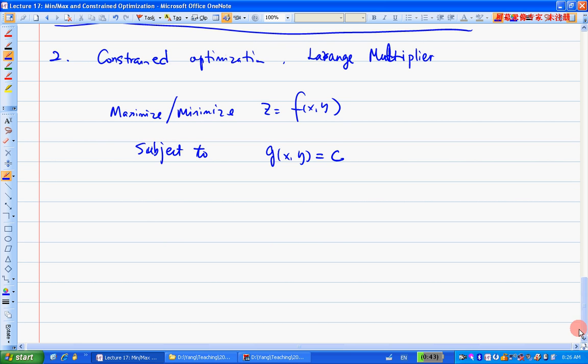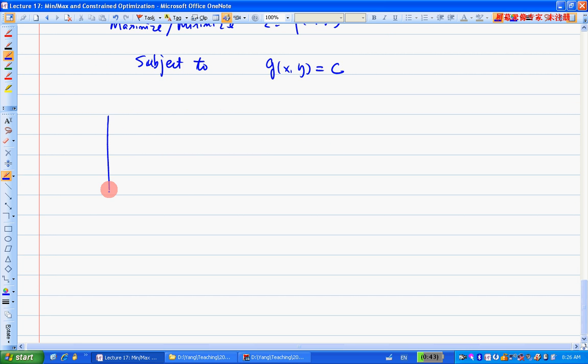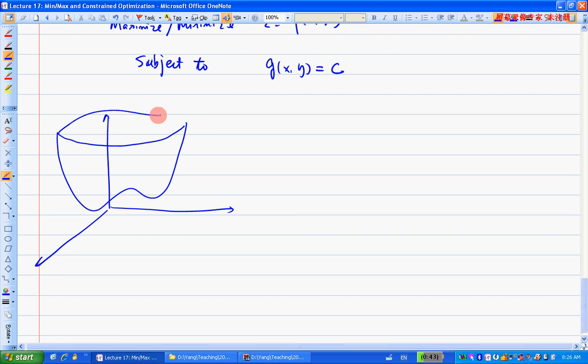If I draw a diagram, this is probably your function z equal to f of x, y. You're trying to minimize or maximize the function, in this case probably finding a minimum, subject to g of x, y equal to c.